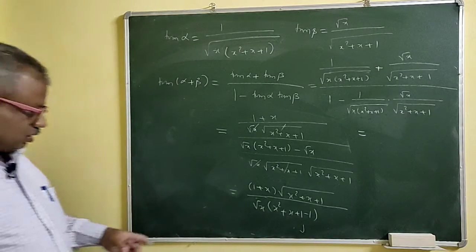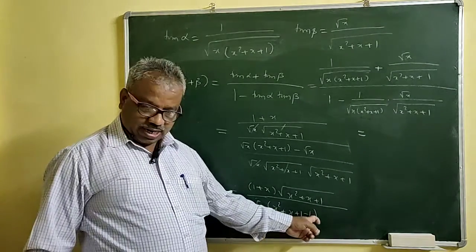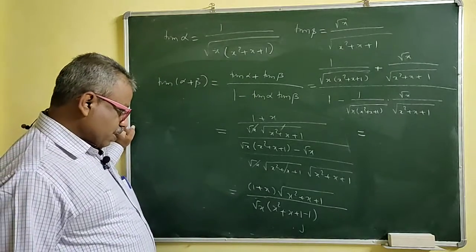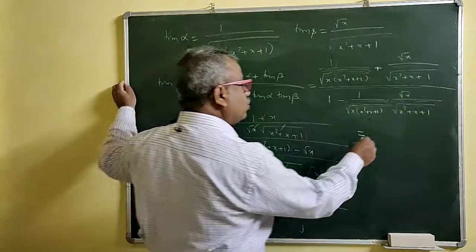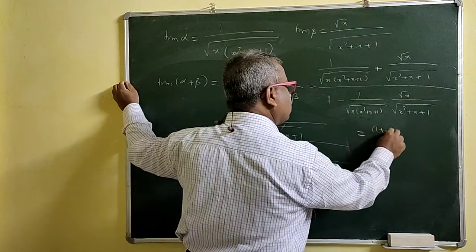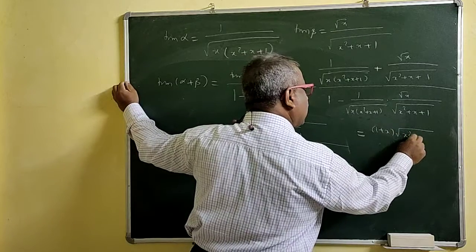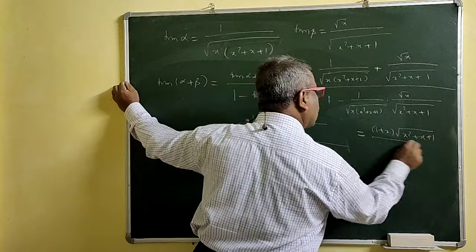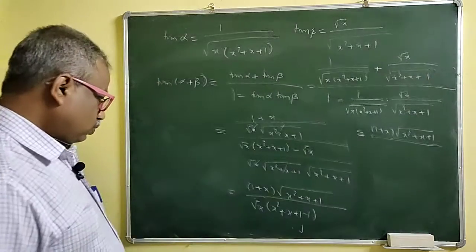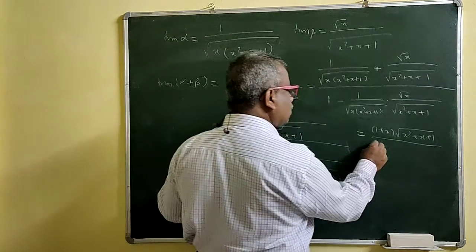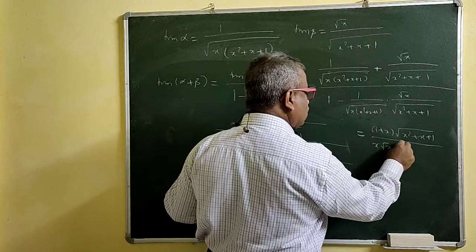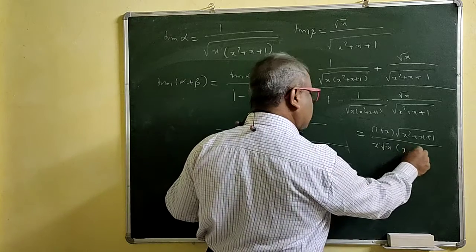What do we get then? See, 1 gets cancelled. You can take x common again. So this is 1 plus x into root of x square plus x plus 1 upon x root x into x plus 1.